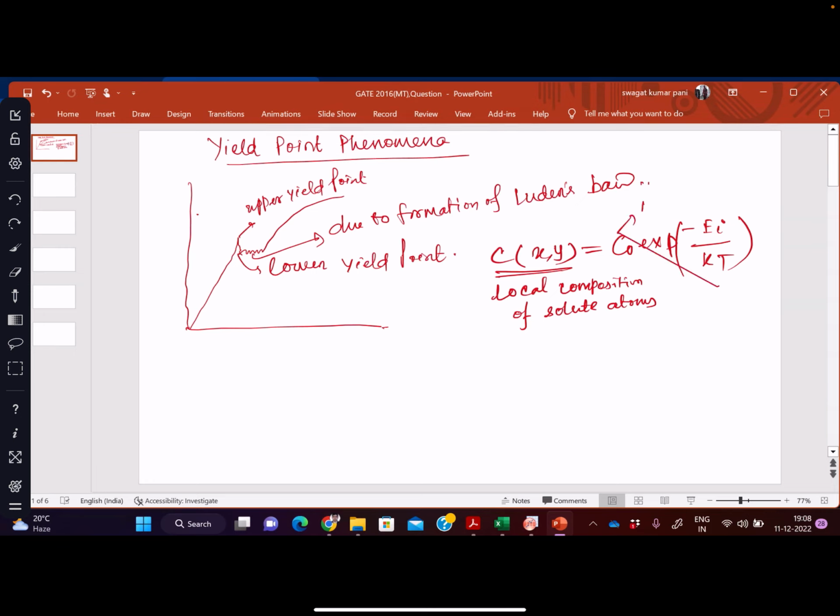So this is our overall composition. Like for 0.4 weight percent carbon steel, it is 0.4.